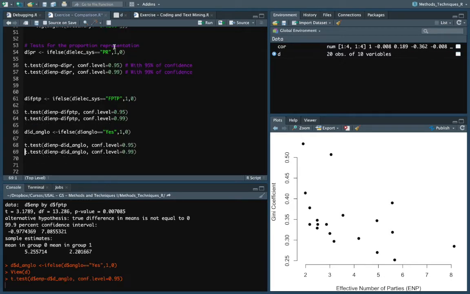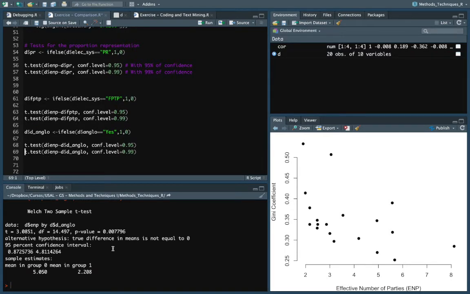So with 95% confidence, I see that the mean for Anglo-Saxon countries is 2.2 parties, and for all other countries that are not Anglo-Saxon, the average effective number of parties is 5.